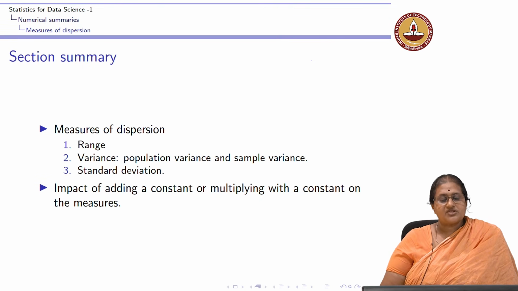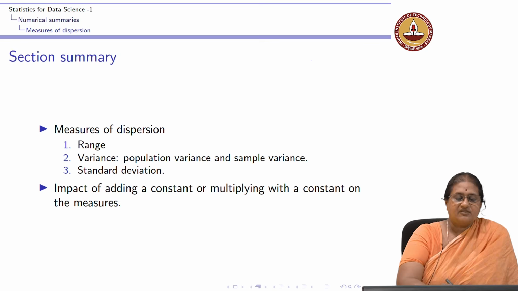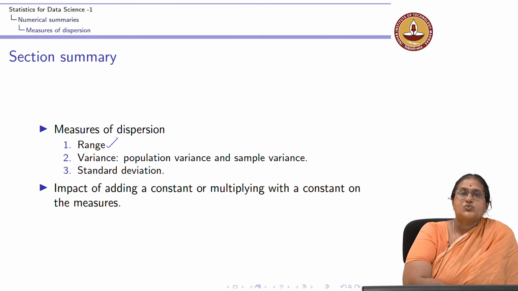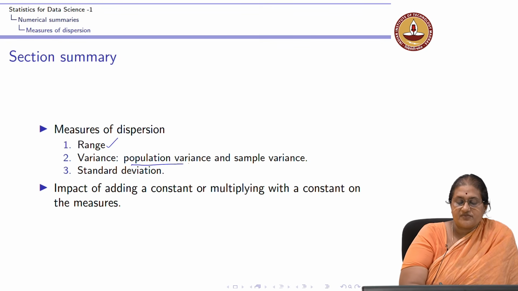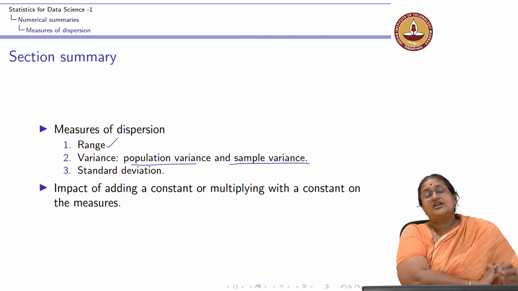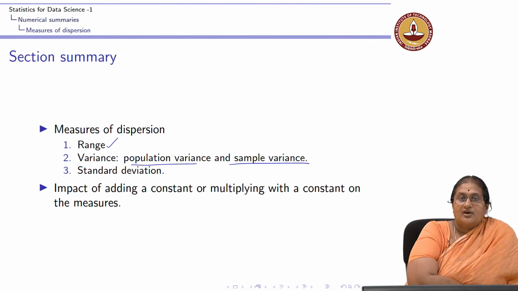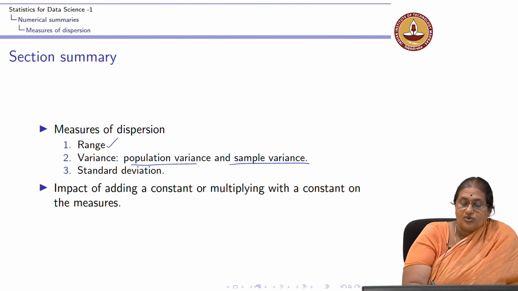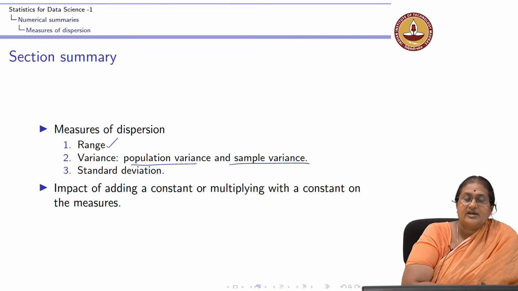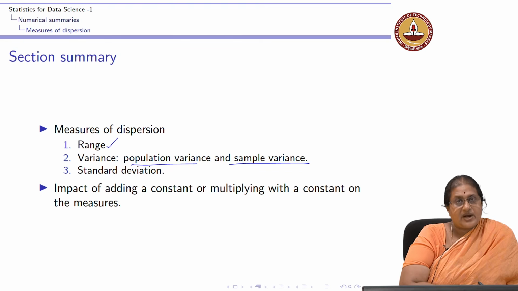So, what we have seen so far is, we started with range. We saw the range is very sensitive to outliers. We defined what was population variance and sample variance. The definitions are very important, because just by talking about variance, we need to know whether we are referring to population or sample variance. The numerator captures the sum of squared deviations.